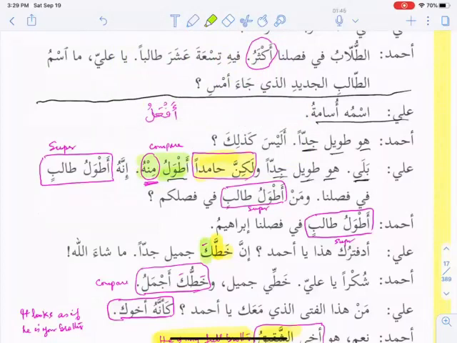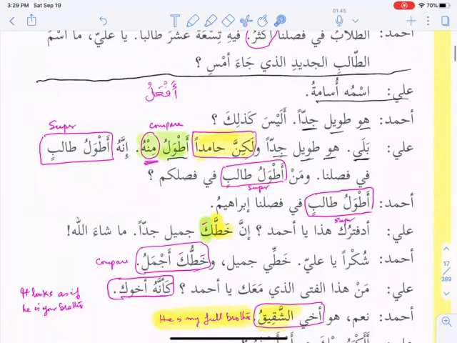Verily, your handwriting, see, khatta is ismu inna mansubun. You can see it is mansubun. It is mansub. Jamilun. MashaAllah. Shukran ya Aliyu.